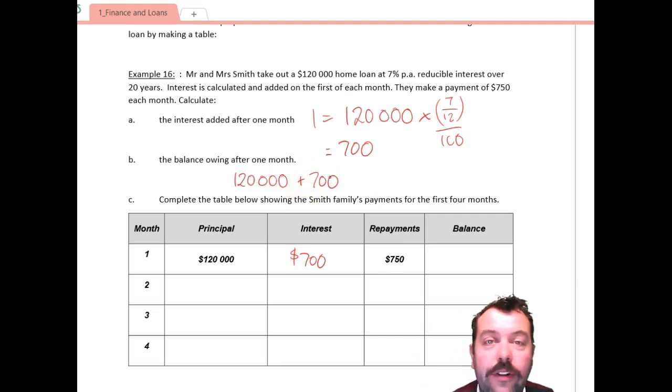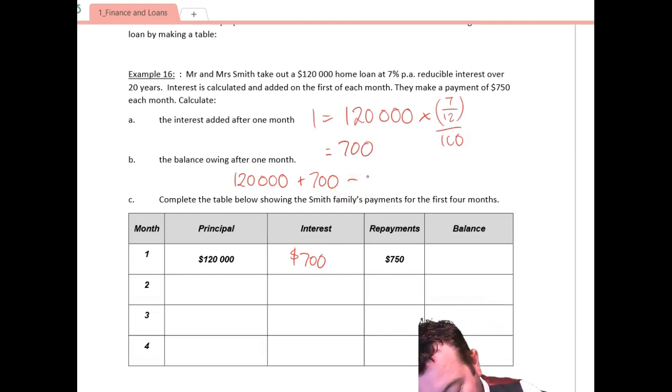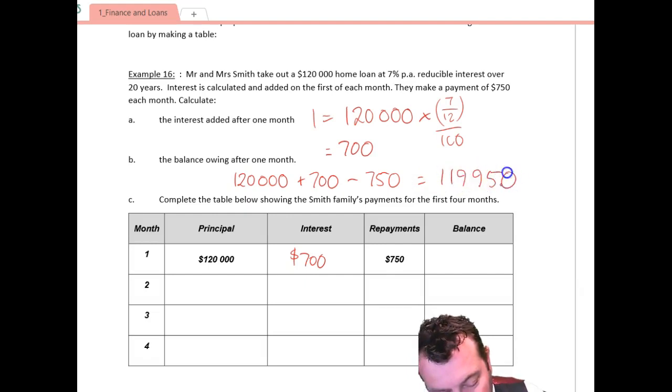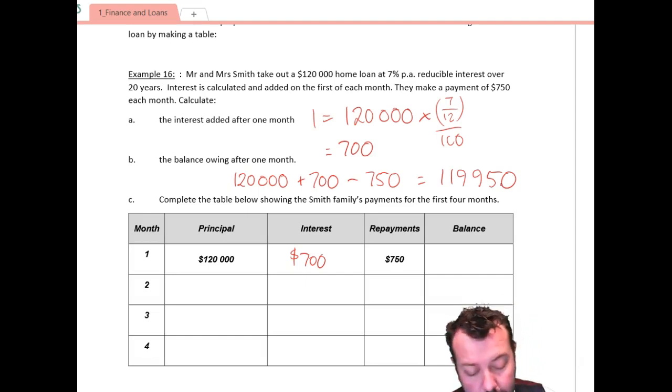We started at 120,000, the interest took it up to $120,700, then the repayment brings it back down to $119,950. You can see that even though I've made a repayment of $750, I've only managed to reduce my principal by $50, because 700 of that $750 was used in paying off the interest.